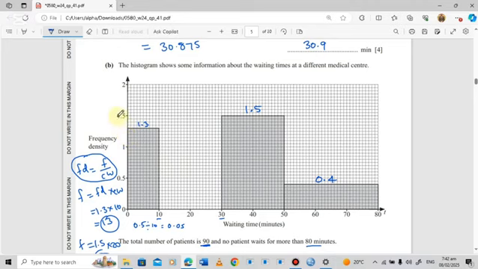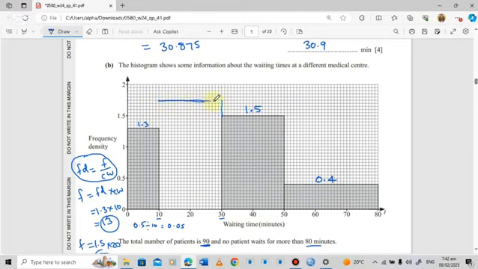So here we have 1.5, and we are still counting in twos. So this is 1.6, 1.7, and 1.75 is going to be at the middle there. So we are going to draw it like this, okay? You use a ruler.